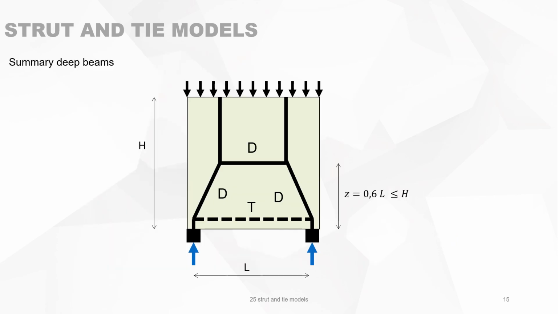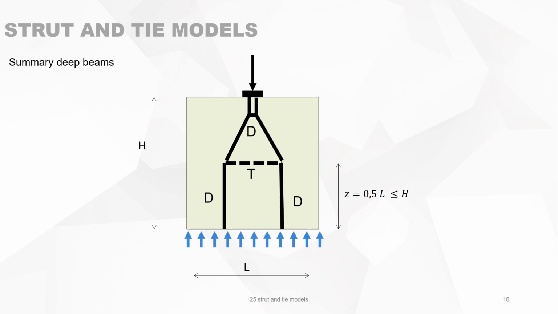Let's have a small summary for deep beams, because you have different situations. We should not confuse them. A classical deep beam on 2 supports with uniform distributed load has this shape, with Z equals 0.6 L, in the case that L is smaller than H, of course.